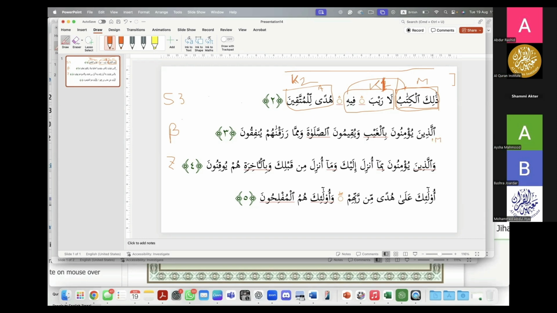So this is where the silatul mawsul starts from, yu'minuna bilghaybi wa yuqimuna salata till the end. My question is, if it starts from here, where does it finish? It starts from yu'minuna and it's just up to bilghaybi. It finishes here, okay? Is that right?